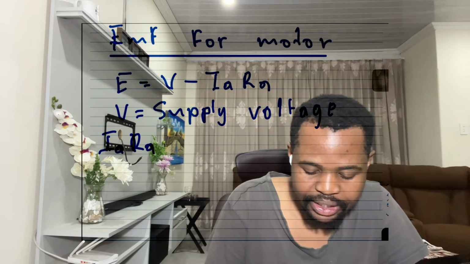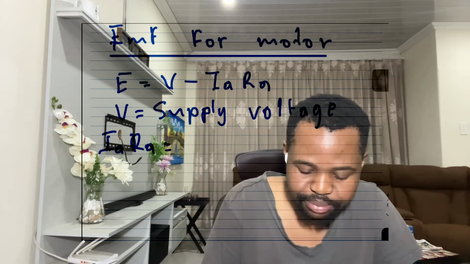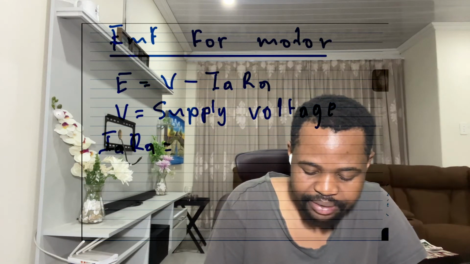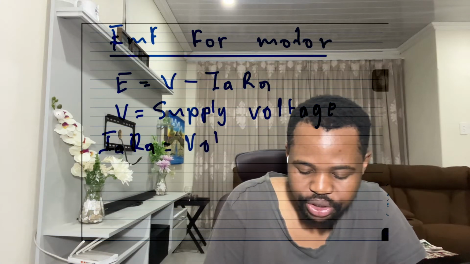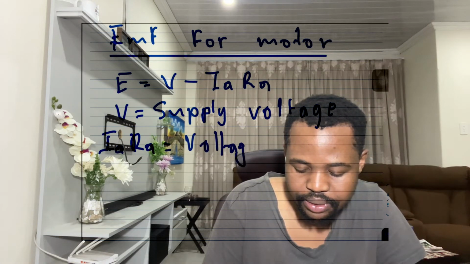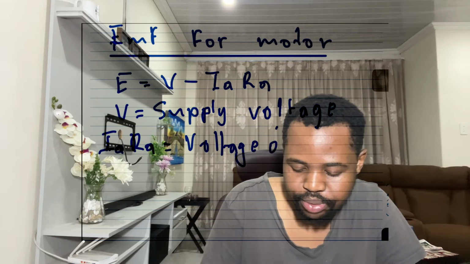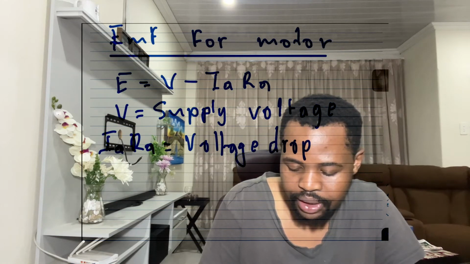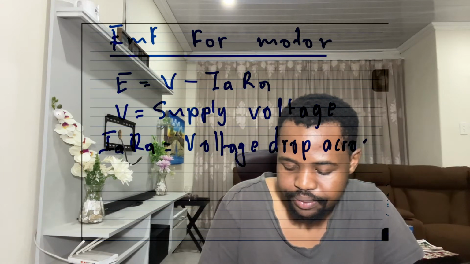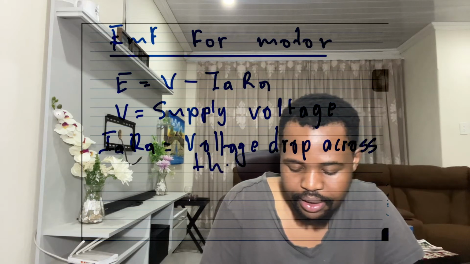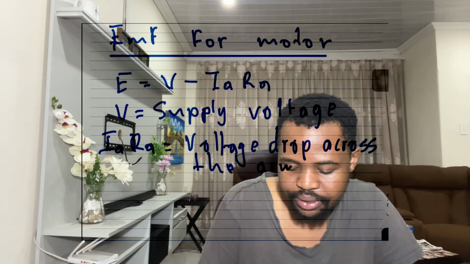Then IA RA is basically the same, it is the voltage drop across the armature.